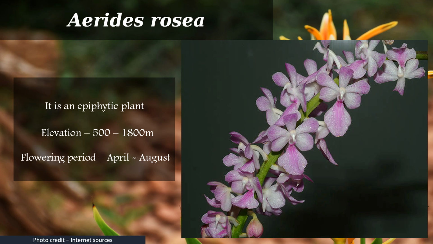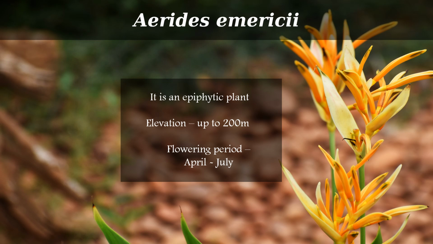Then move to our next one. Now we will talk about Aerides emiri. Personally I didn't get a clear identification of which one shows the Aerides emiri flower, because from the internet I get to know that there is much debate about it, like Aerides emiri flower is very similar to Aerides rosia or Aerides multiflora and other Aerides species.